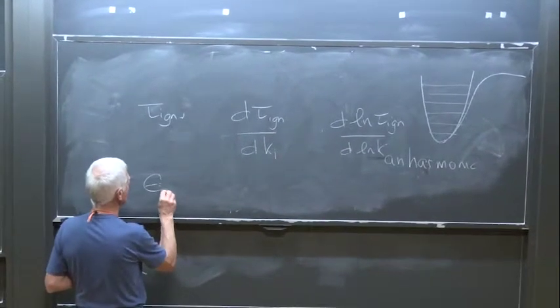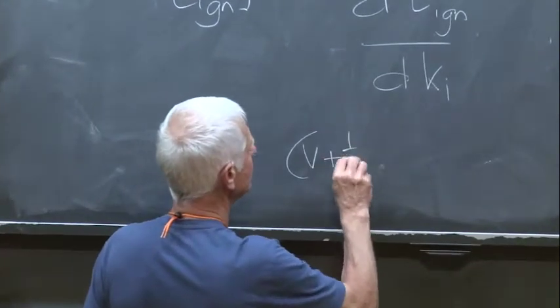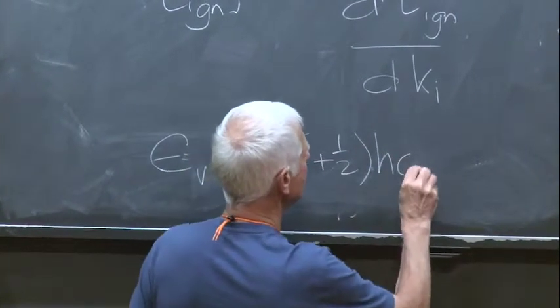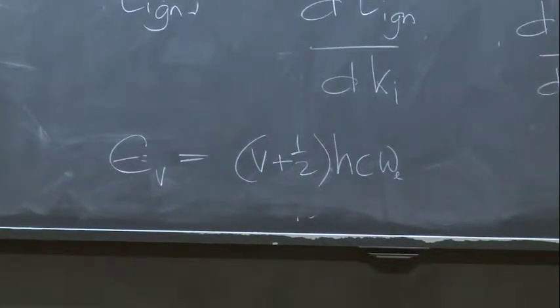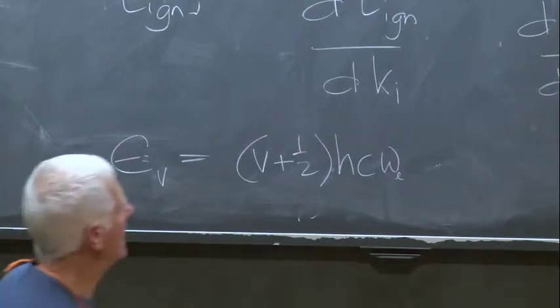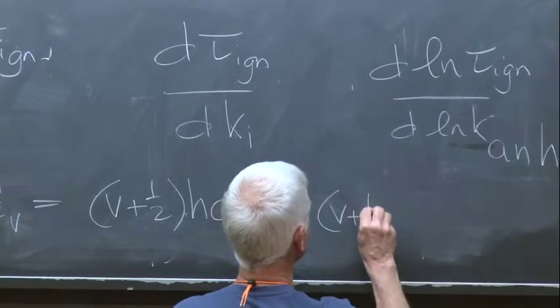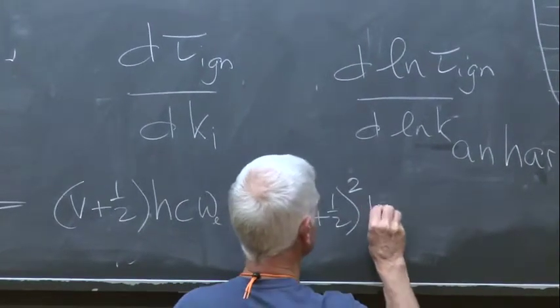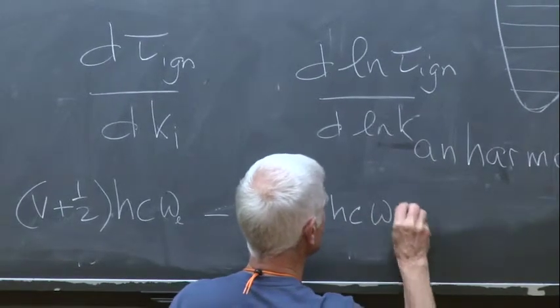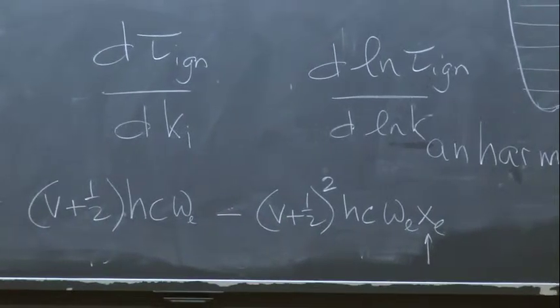So the energy of the V level is given by V plus a half hc omega, and we'll put a little subscript e on there. And that gives us evenly spaced levels. But for an anharmonic oscillator, we get extra terms coming in, where this is what's called an anharmonicity constant.